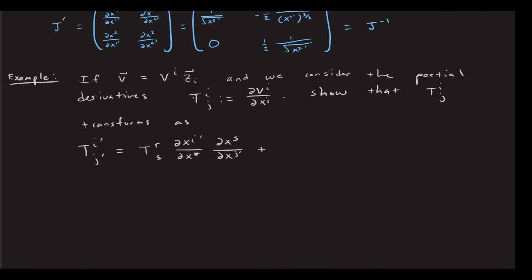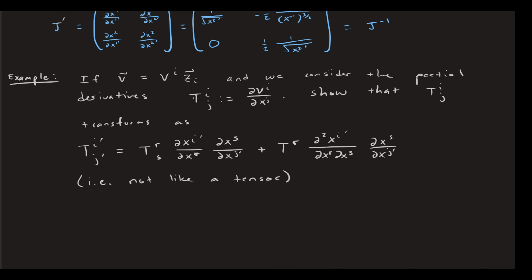However, we add something to it: T^r times the second partial derivative of x'^i with respect to x^r and x^s, times partial x^s partial x'^j. That is, it's not a tensor, not like a tensor.